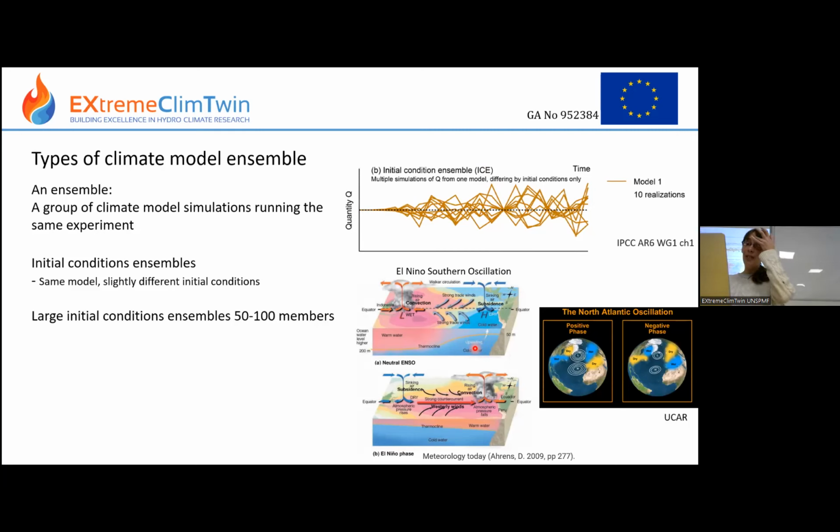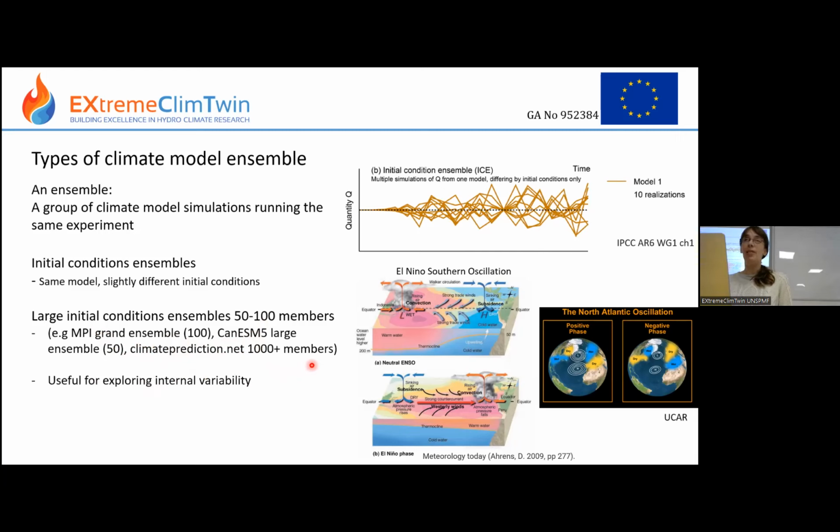So you can have large initial conditions ensembles, which have, say, 50 to 100 members. Some examples are the MPI Grand Ensemble and the CanESM5 Large Ensemble, which is one we'll be using in the practical. There's also climateprediction.net, where there are thousands of members, run on volunteers' computers.